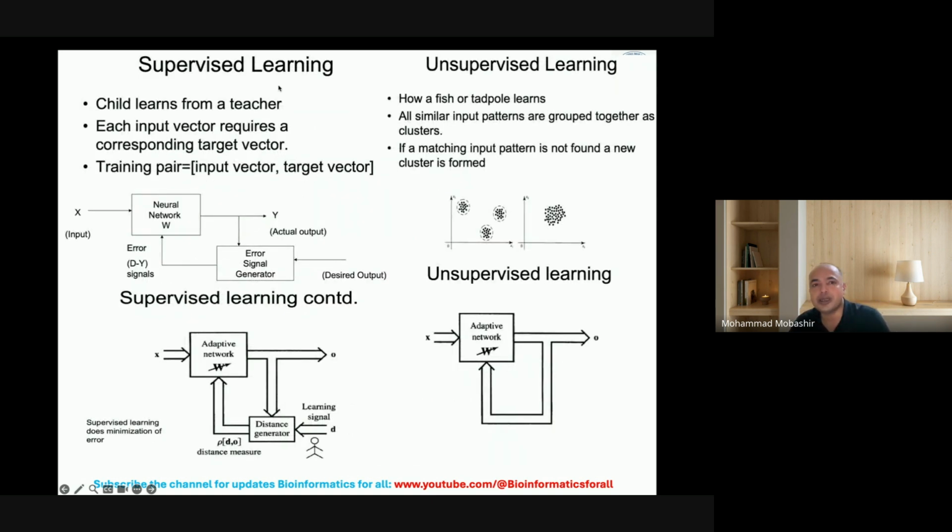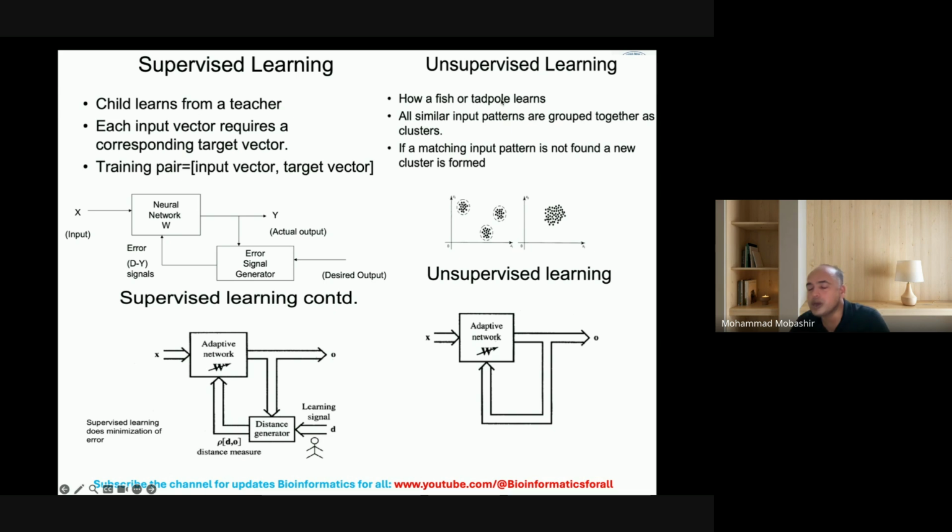So what is supervised learning? A child learns from a teacher. Each input vector requires a corresponding target vector. So the training pair is the input vector and the target vector. Now, unsupervised learning, like how a fish or tadpole learns. All similar input patterns are grouped together as clusters.